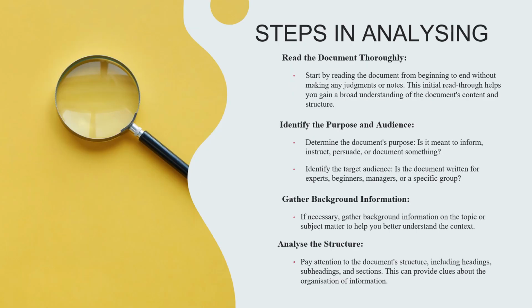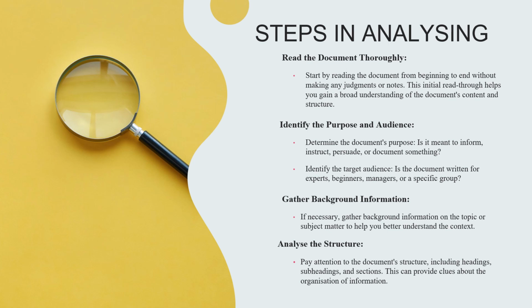Right, let's go through the steps in analyzing a technical document. First and most important thing to do is to always read the document thoroughly from the first till the end. Then, as I mentioned earlier in my previous lecture, identify the purpose and the audience of that document.